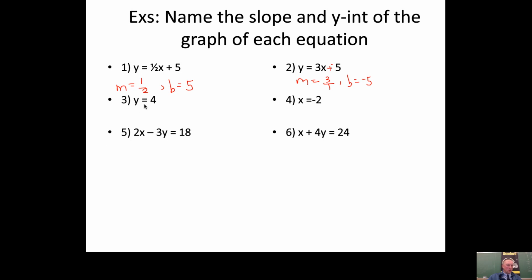Number 3, y equals mx plus b. If there's no x there, what do you think this m value is?